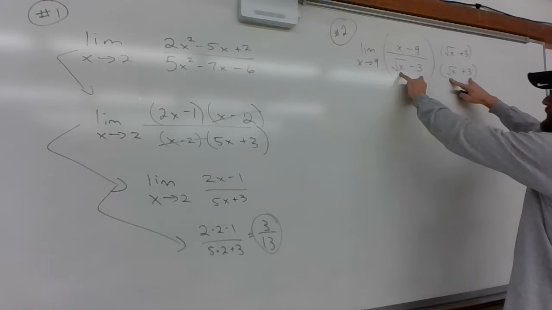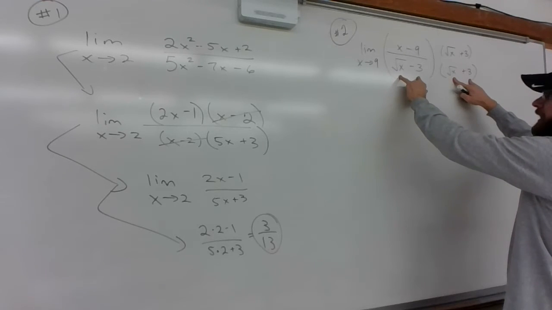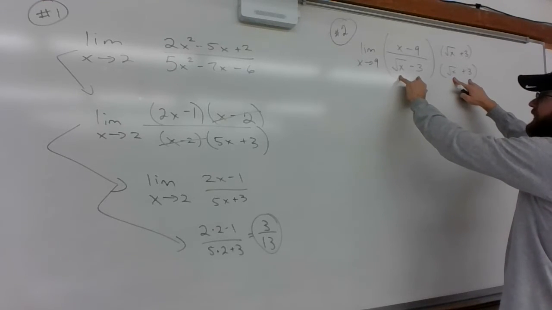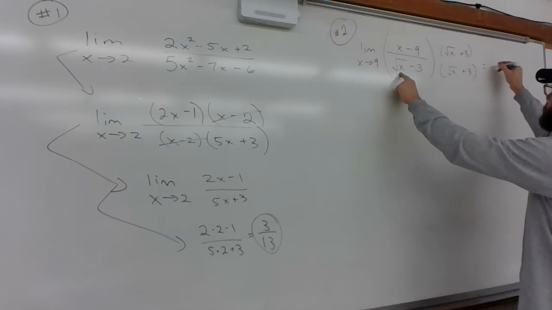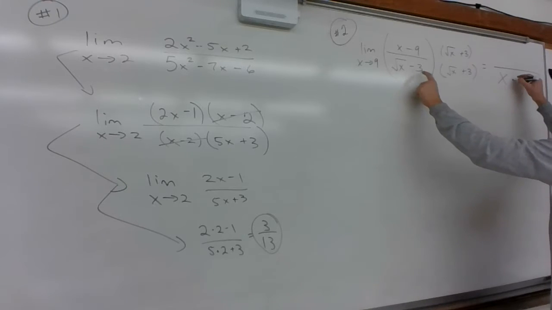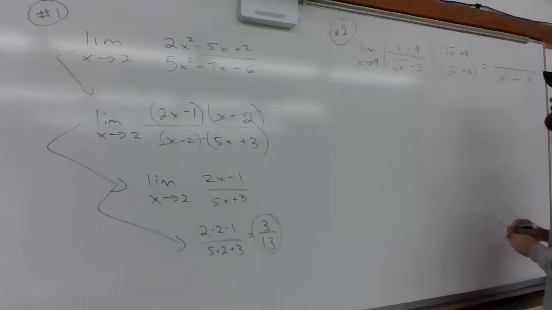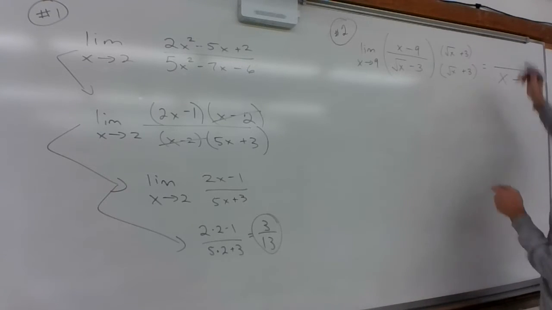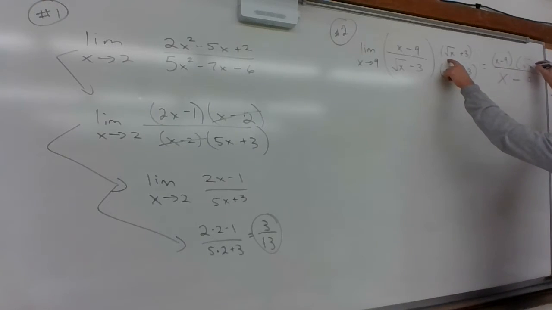Because we have a difference of squares on the bottom. And the way that the structure works with that is you square the first, square the last, and there's a minus between them. The top is x minus 9 times this root x plus 3.